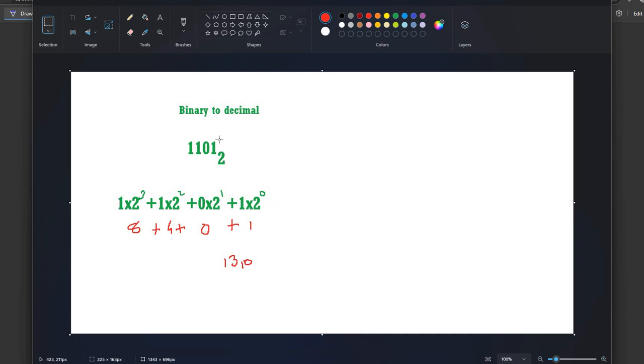Suppose we have this number 1 1 0 1 0 1 1 1 0 1 dot 0 1. How will you convert this number?